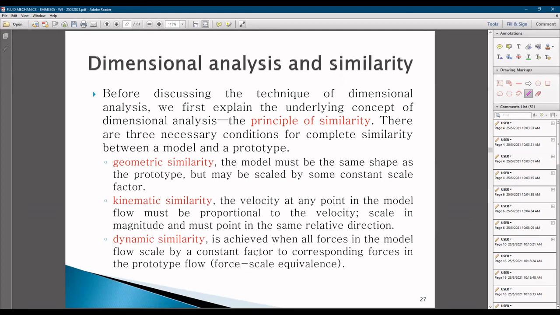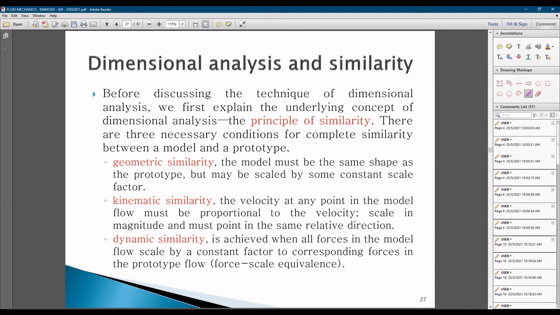Okay, the third one is the dynamic similarity. It is achieved when all forces in the model flow scale by a constant vector to the corresponding forces in the prototype flow. Okay, the dynamics of it must be the same. The first one is the geometry, the second is the kinematics, and the third is the dynamics. Okay, dynamic similarity.